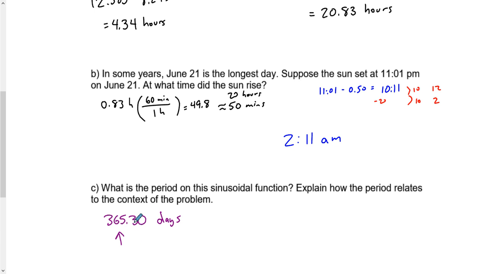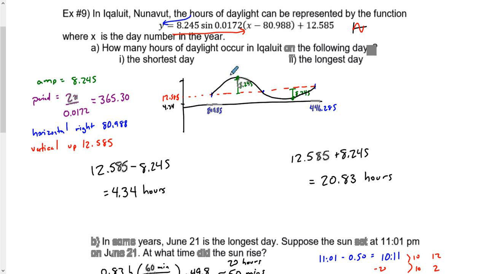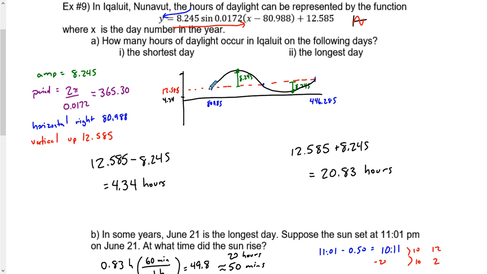There's approximately 365.3 days in a year. That's what that means. So the amount of daylight hours in a year is a sinusoidal curve. It is a periodic function, because it repeats itself over and over.